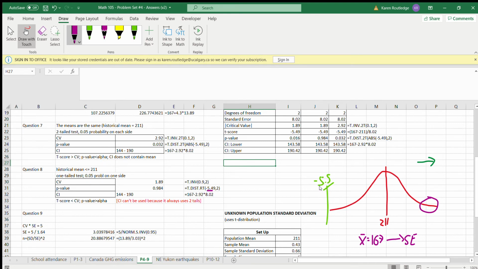And it's off to the left, minus 5.5 standard errors. So we put in minus 5.5 standard errors. We also put in our degrees of freedom, number of data minus 1. And Excel tells us that there is a 0.98 or a 98% chance of seeing a value as extreme as we did or something more extreme. And more extreme means off to the right.